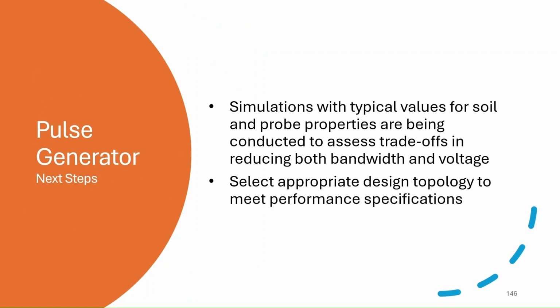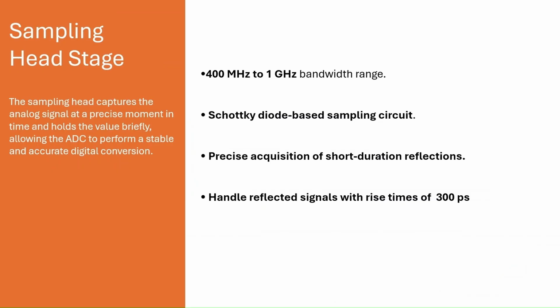The next steps in the pulse generator are the simulation with typical values for soil, which we are working on with one mentor that we got, and selecting an appropriate design prototype to meet performance specifications. And this is the sample head, with a 100 megahertz to 1 gigahertz bandwidth range.